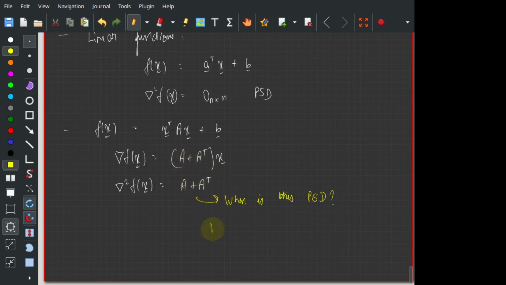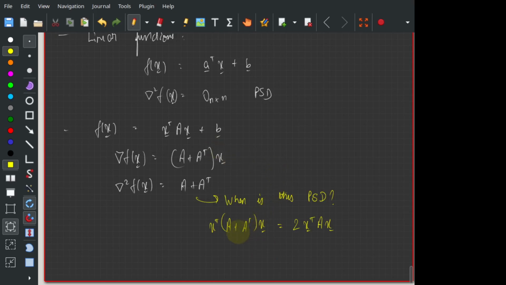So what is x transpose times A plus A transpose times x going to be equal to? It's just going to be 2 times x transpose Ax.